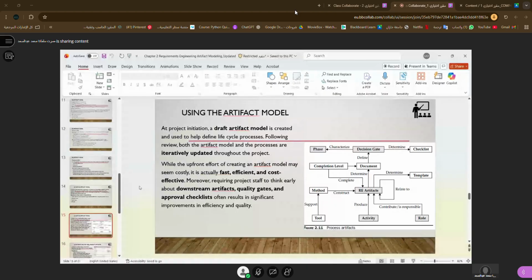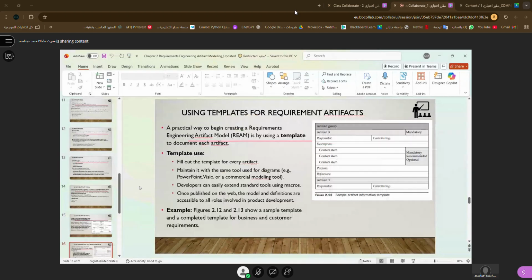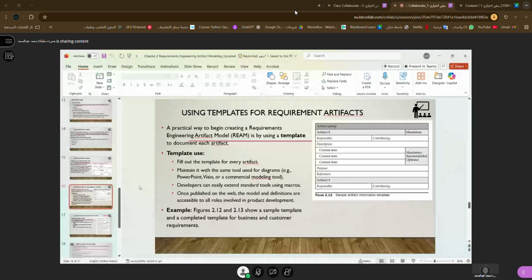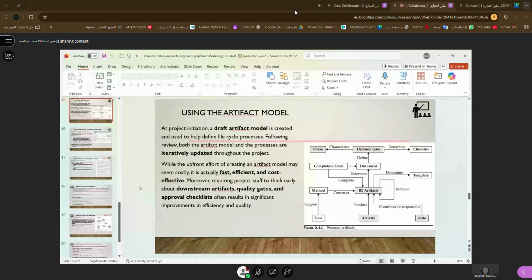This is about illustrating the example of requirements engineering artifact model used by different project roles. Okay, this diagram is about what here? Very important diagram. This is about using the process artifacts. This is the example of requirements engineering artifact used by different project roles.